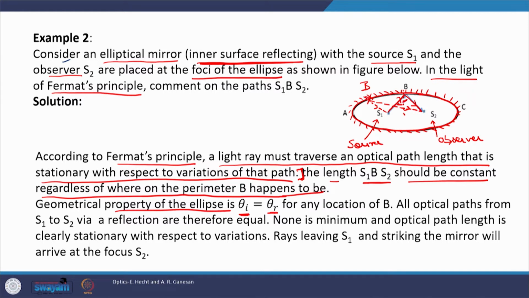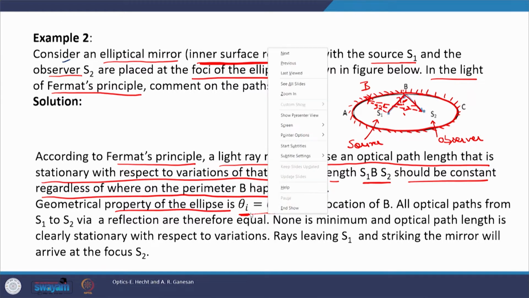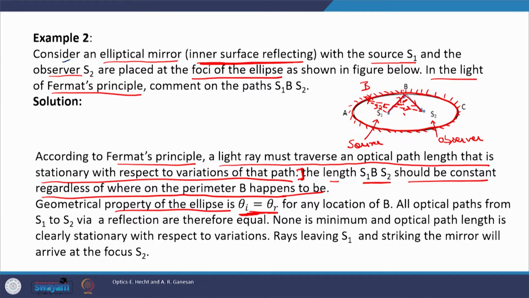This is the geometrical property of an ellipse, and therefore, this property holds irrespective of where exactly the point B is on the perimeter. B may be here, B may be here, B may be here; irrespective of the position of B, this property will hold good because of the geometry of the ellipse, and therefore, all possible optical path lengths will be the same.